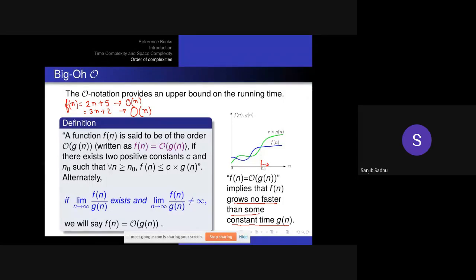Whatever the number of elements, n may be very, very large. It is not that n is less than 100. N can be anything. At minimum there should be, say, 5 elements, but it can have any number of elements. That's why n is greater than or equal to n naught. You check for all values of n greater than or equal to n naught.